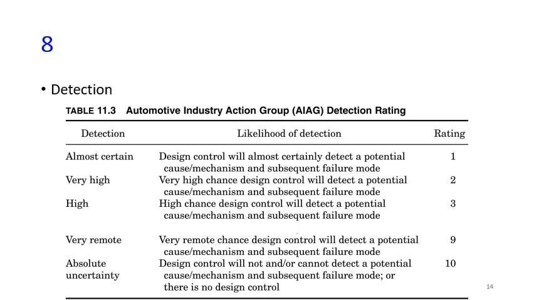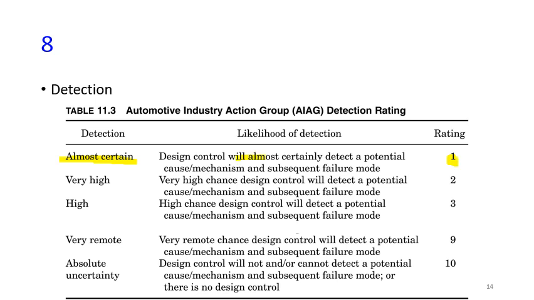So this detection rating gives you a way to rate how good your design control is. So if your design control is very good, then it is almost certain to detect any deficiencies. So the rating is 1.